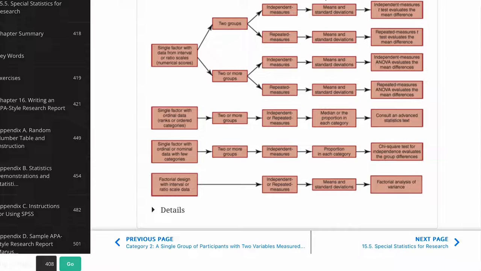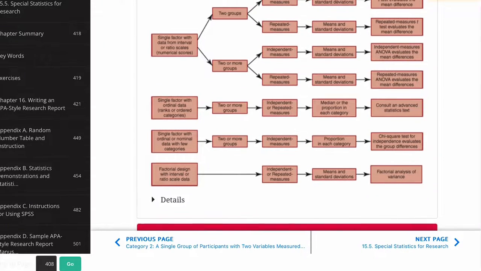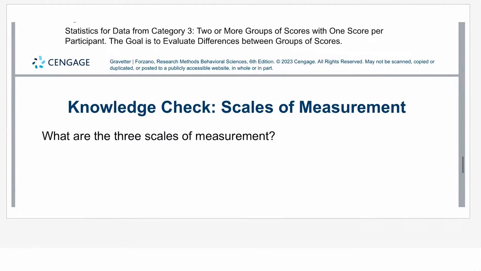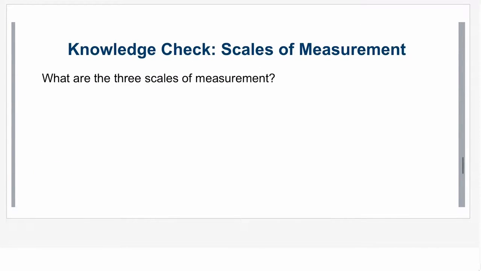So that is it, I believe, for all of the flowcharts. You've now learned about all three categories and what we do with them. And this is part of the reason why it's so important for you to understand each of the chapters and topics before we move on, because you see here, we put all of that together.